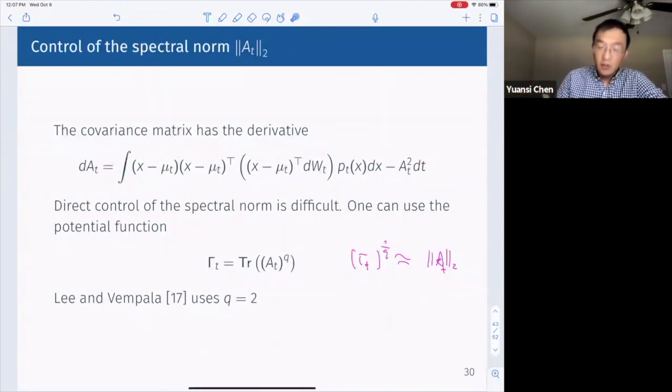If you are very good at this and can have a better handle on this differential equation, you might be able to improve the KLS constant just by analyzing it and using the stochastic localization version of the needle decomposition. That is one idea I tried, but I was not very successful. Okay, thank you very much.